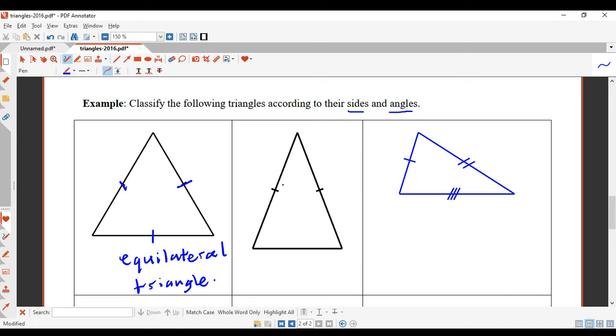Now this triangle here, it's got 2 equal sides, so we call that an isosceles triangle. Isosceles is what most students spell incorrectly, so that requires a bit of practice. And now this has got no equal sides, so I'm going to call that a scalene triangle.